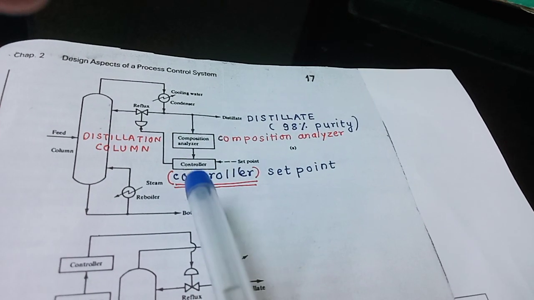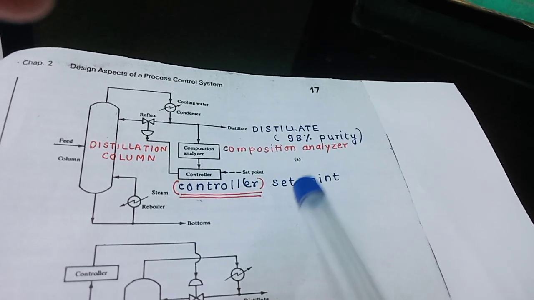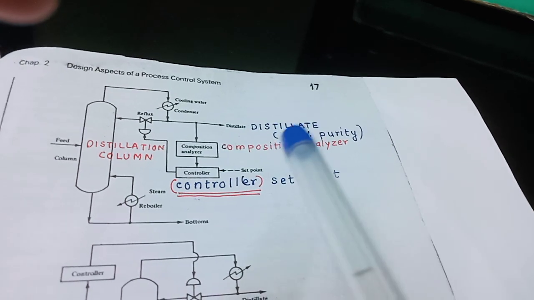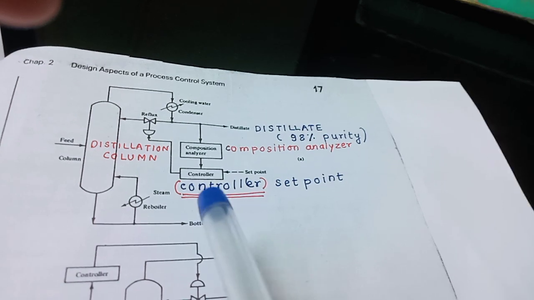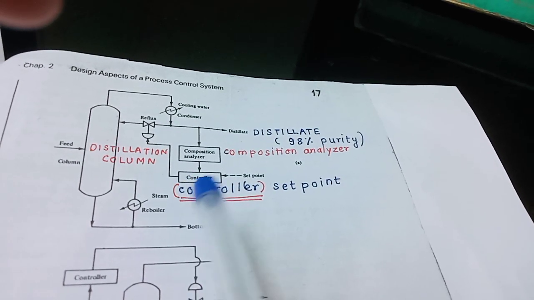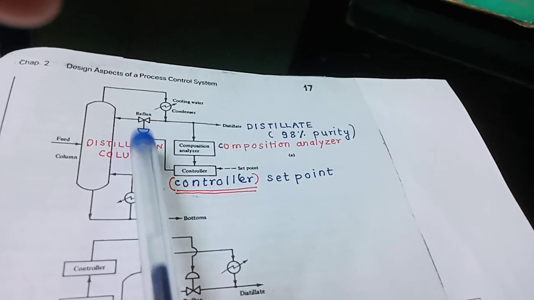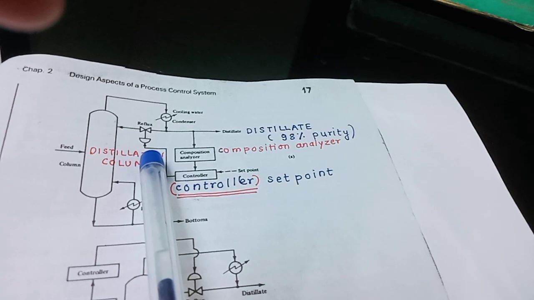Now here is the controller. This controller is provided with a set point. What is the set point? 98 mole percent of the product is required. This is the composition analyzer, or composition measuring equipment. The controller will send a signal to this control valve so as to adjust the reflux ratio of this product.